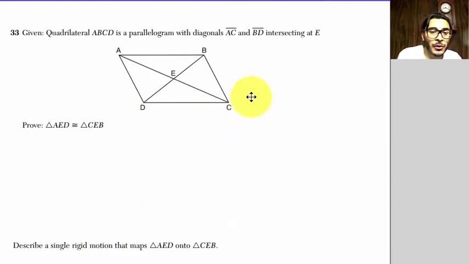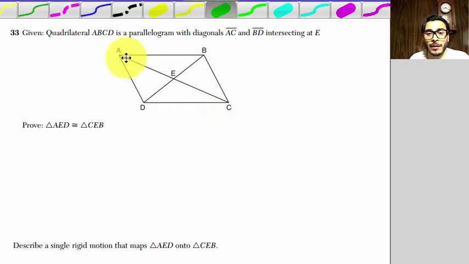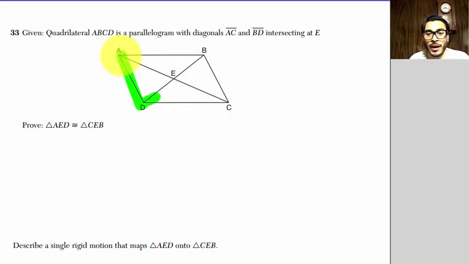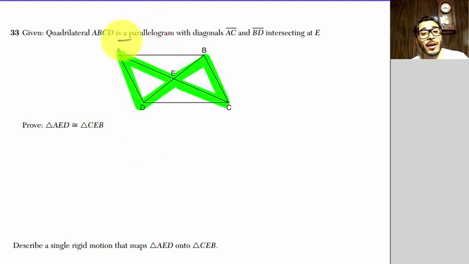All right, number 33. Given that the quadrilateral is a parallelogram, prove triangle AED is congruent to triangle CEB. All right, so since this is a parallelogram and I want to prove that this triangle here, AED, is congruent to this triangle here, I will be able to use all the properties of a parallelogram, right?